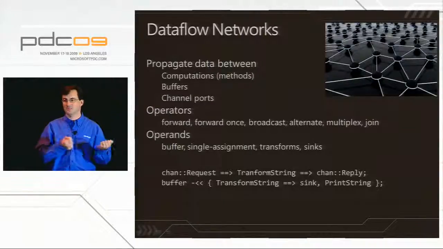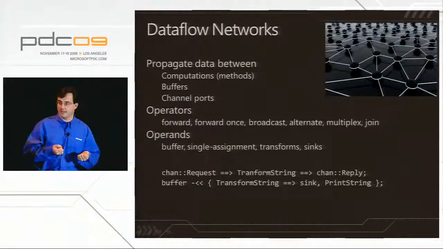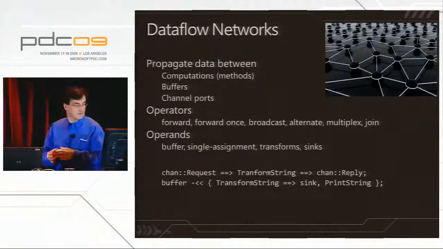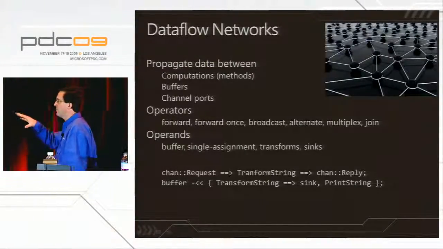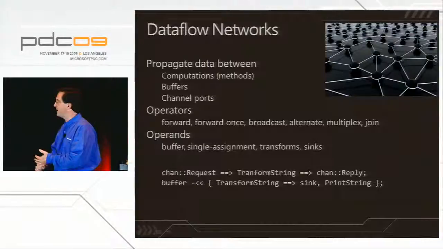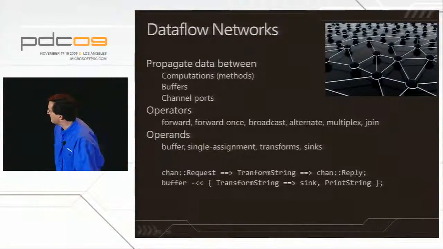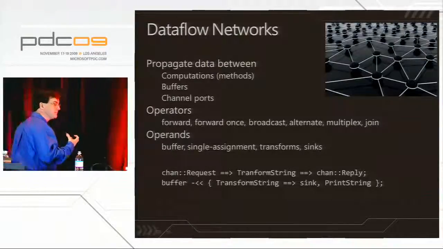You could, but it looks better and it's more readable, we think, if you're doing it with infix operators. So for example, I have the first example here, and we have some operators here. We have a forwarding, which is a pipeline. That's our first example, a pipeline between two ports and a transformation function in the middle.